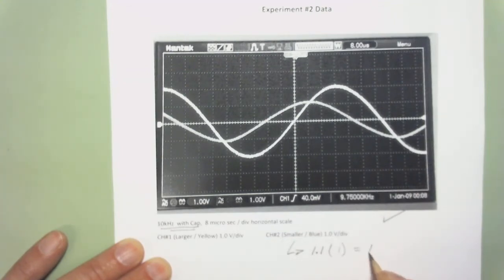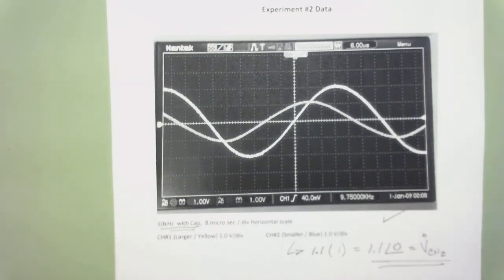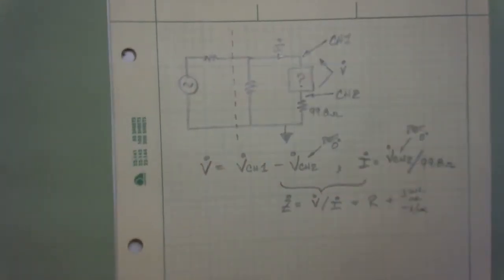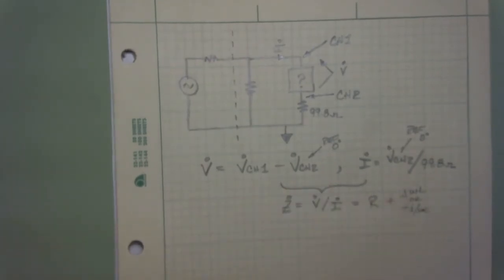So this turns out to be 1.1, and I'm going to take that as my reference, so I'm going to say that that's 0 degrees. So this would then be my voltage of channel 2 right there. And getting things set up, of course, to come over here and put them in this sheet right here.